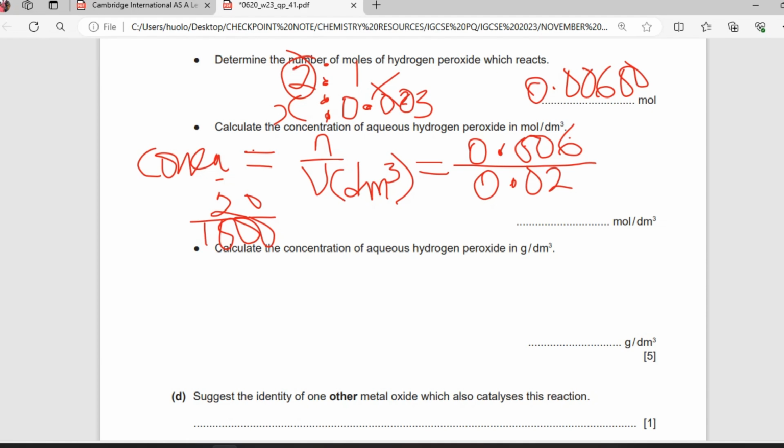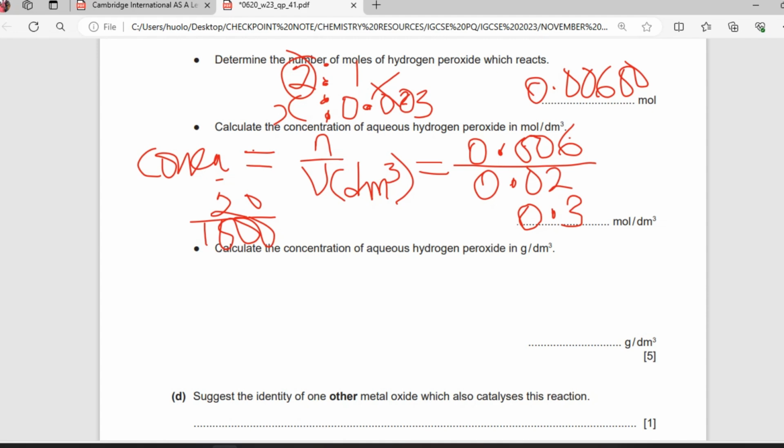So what do we get? You have 0.3 mole per dm cube.